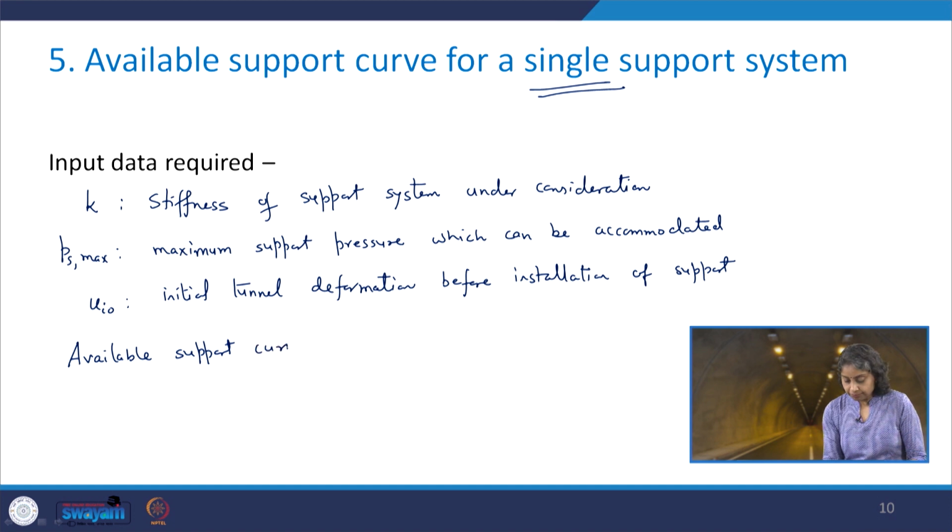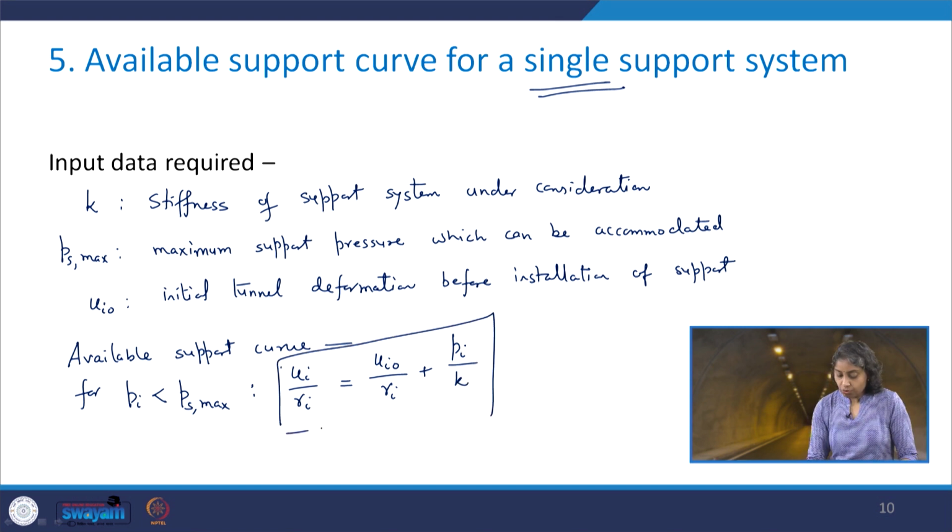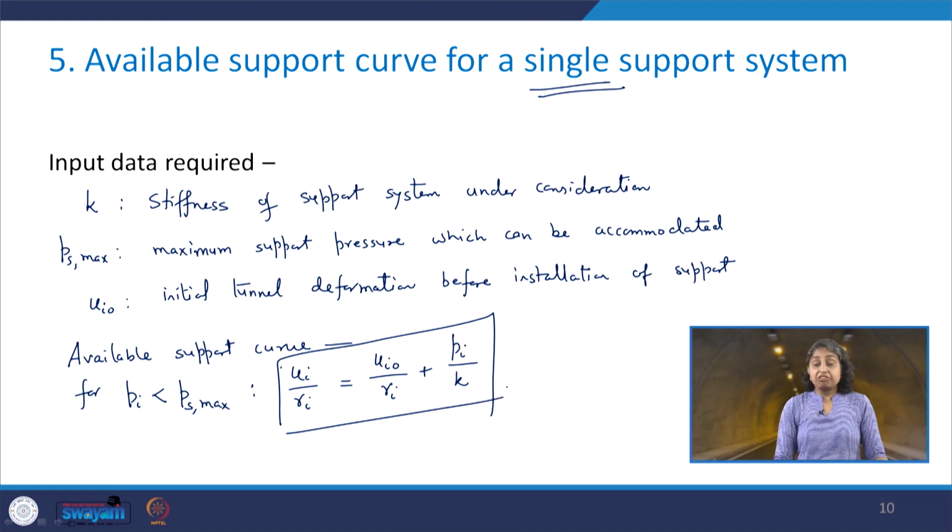In case Pi is less than Ps max, this is going to be Ui upon Ri is equal to Uio upon Ri plus Pi upon K. So, this is how we will be able to obtain the available support curve in case of the single support system.